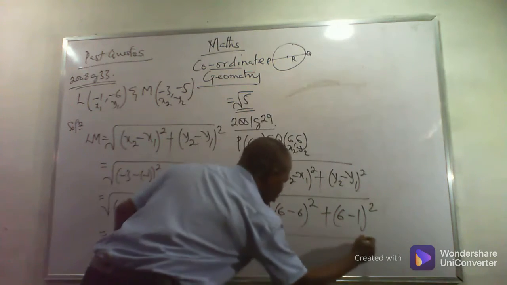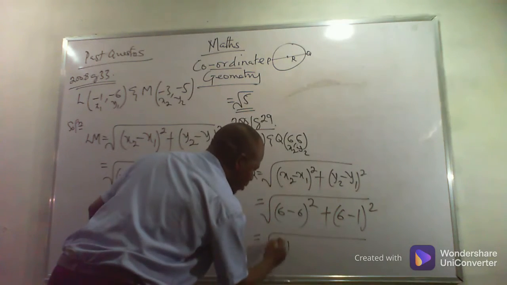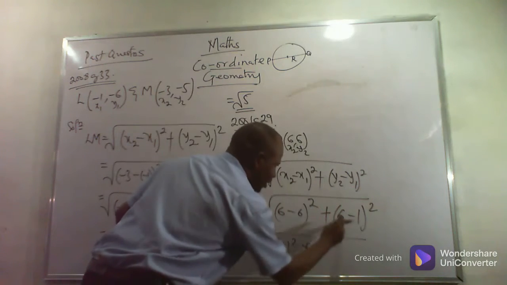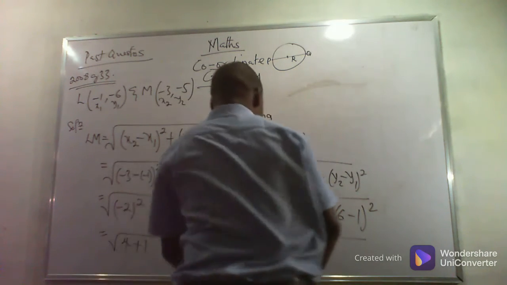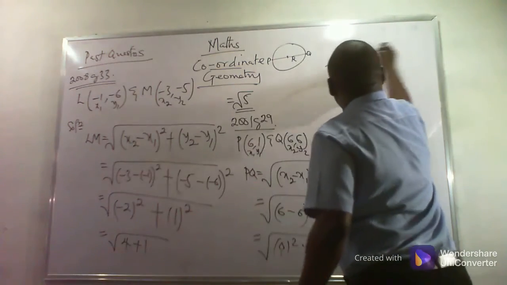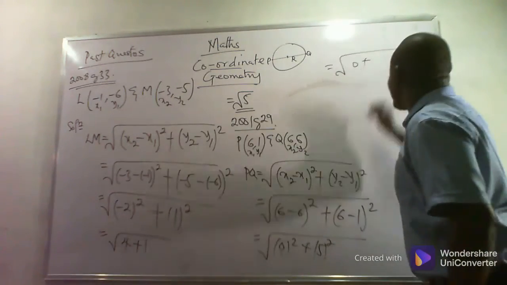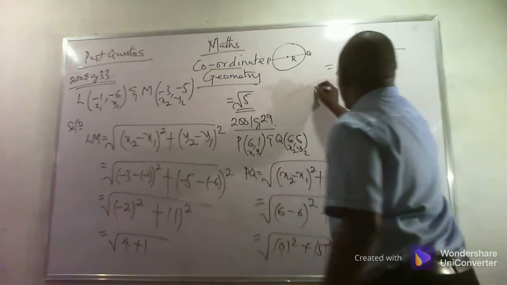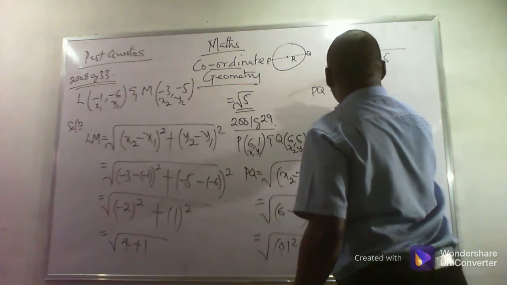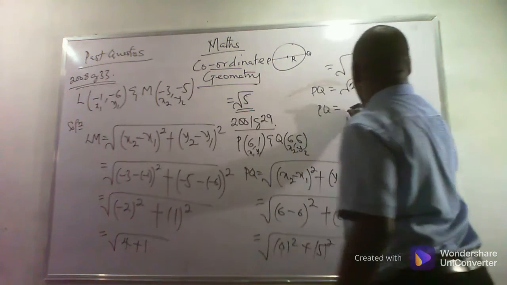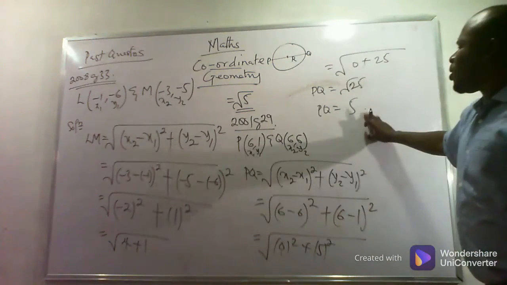This will give me square root of this minus this, 0 squared, plus this minus this, 5 squared. So at the end of the day, 0 squared will give me 0, 5 squared will give me 25. So it means PQ will be square root of 25, meaning your PQ will be what? 5.